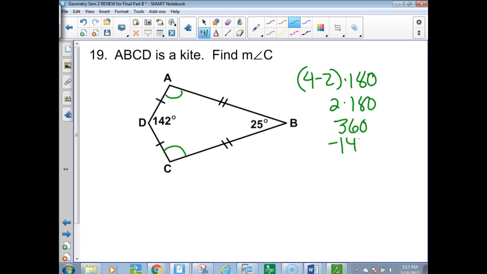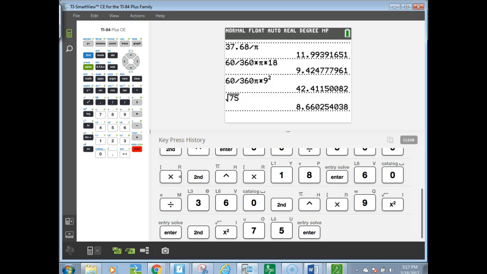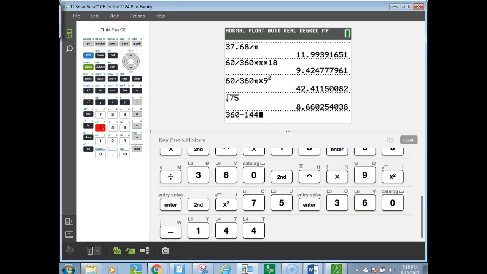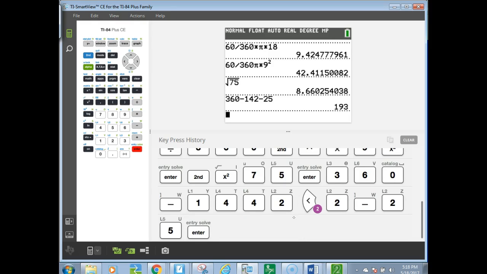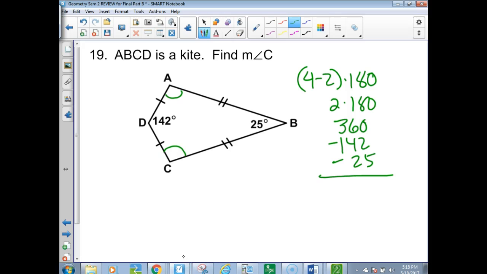You can start subtracting those angles that you already have. These two are congruent, so once we find out that difference, we can divide it by 2. So I'll go 360 minus 142, oops, I typed that wrong, minus 25. I don't know, I think I might have remembered the numbers wrong. No, 193.